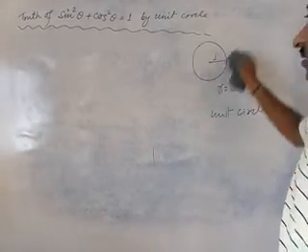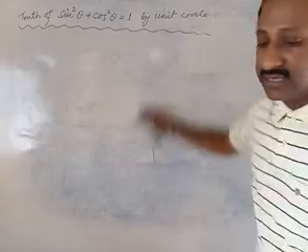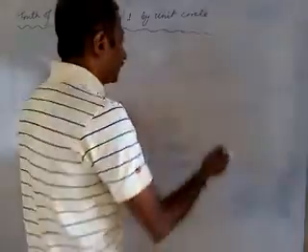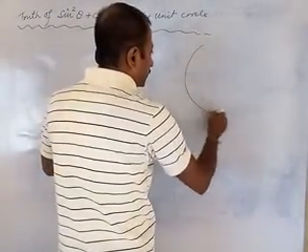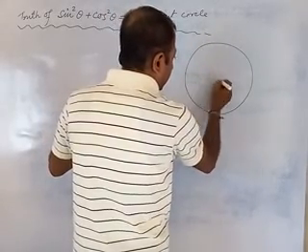Now let us prove this sin square theta plus cos square theta equal to 1 by the concept of unit circle. Okay. So for that case, we have to draw a unit circle.